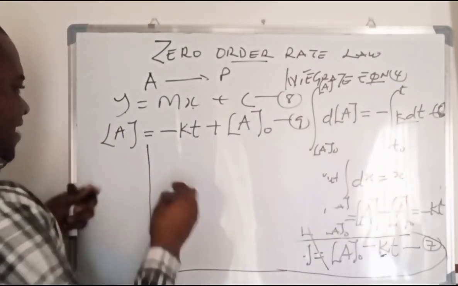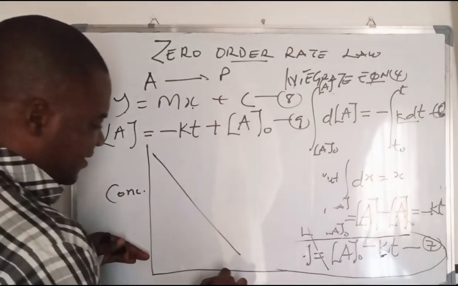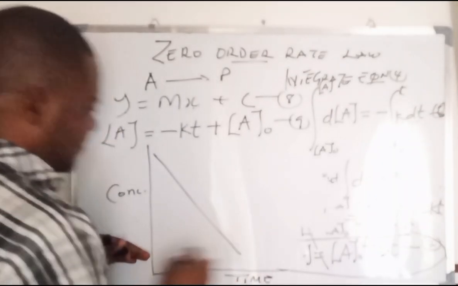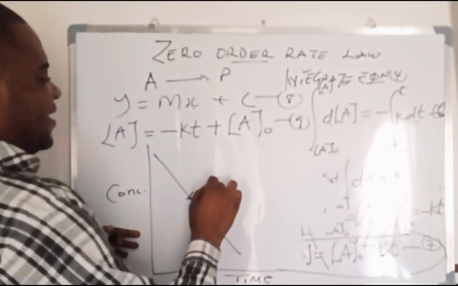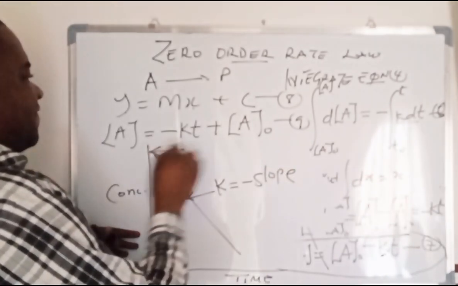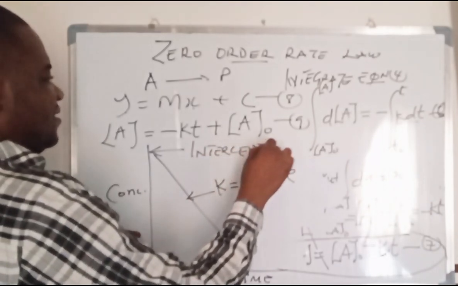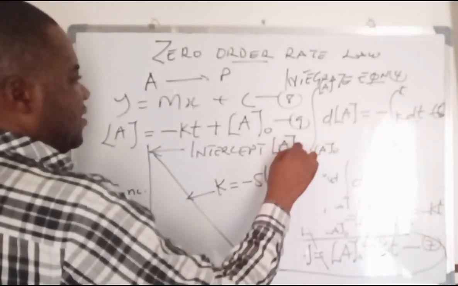You can possibly have a graph of this format, where this is the concentration, this is the time. And here, of course, you define your k, which is the minus slope, while here you define your intercept, which is A0.